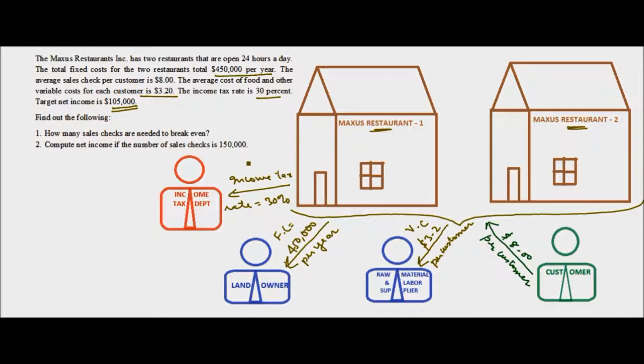So basically, if the total number of customers coming to Maxus Restaurants Inc. is 150,000, then what is the net income that Maxus Restaurants Inc. is making? So let's see how we can find answers to these questions.